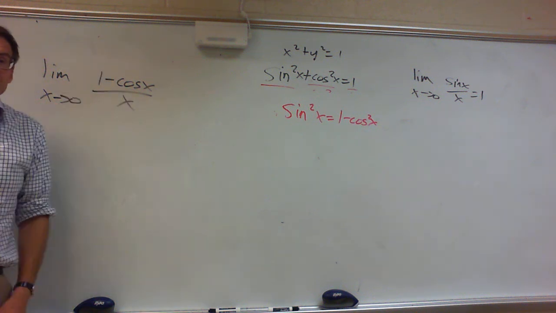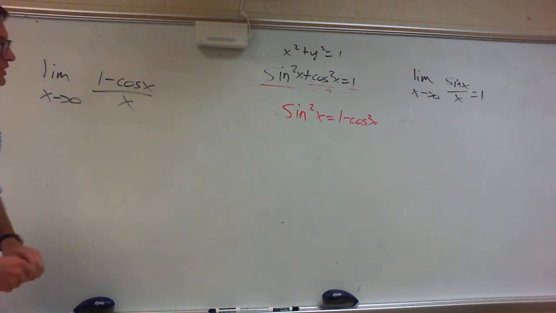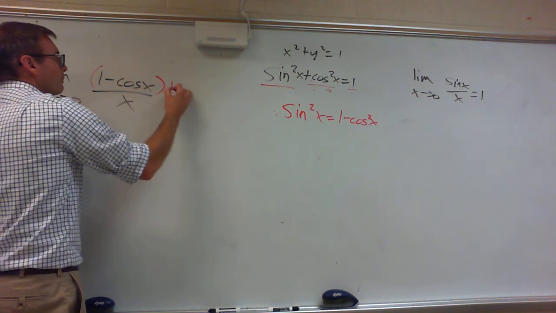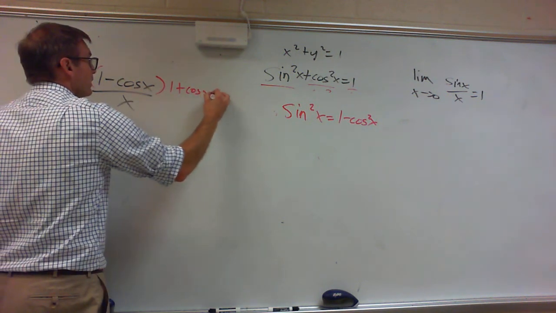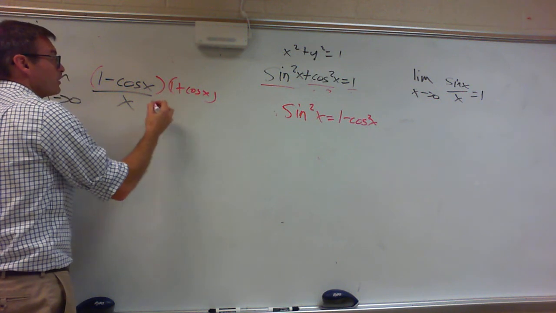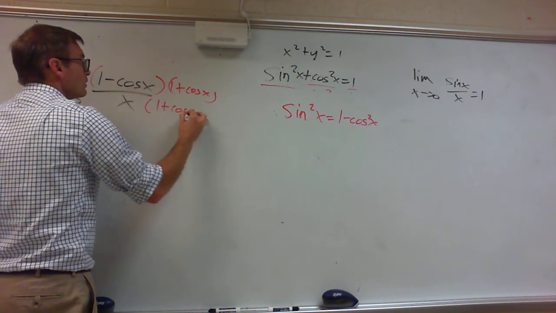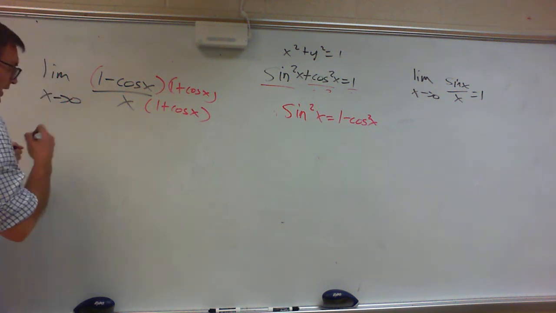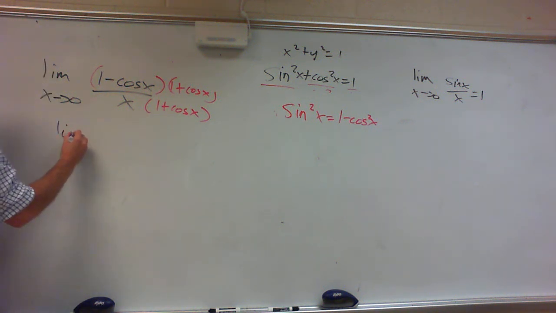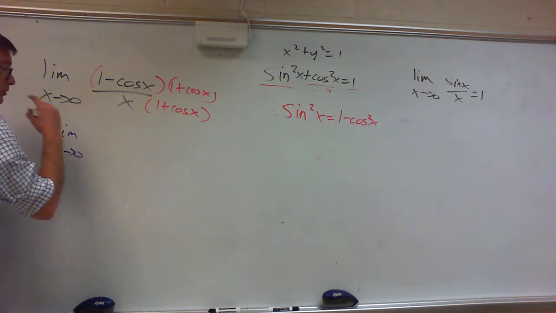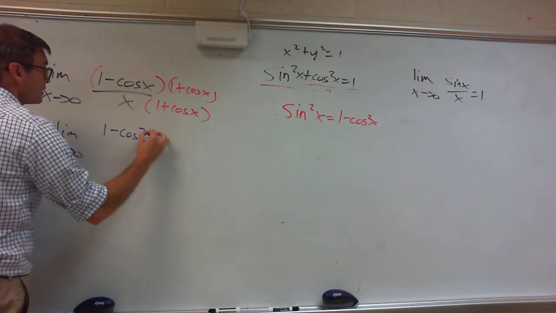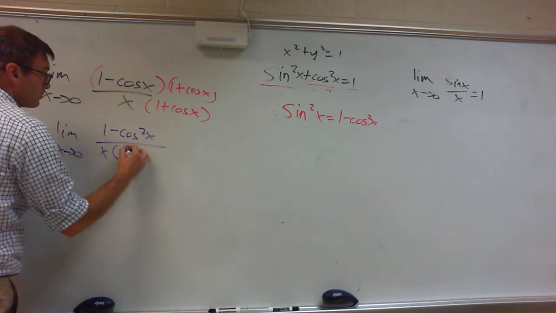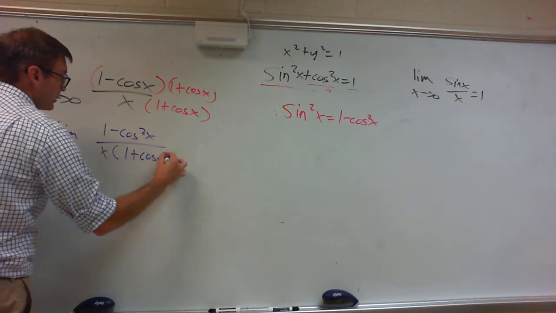Well, how do I get a 1 minus cosine squared? In the interest of time, I'm just going to tell you, we're going to multiply by the conjugate, 1 plus cosine x. Whatever I do to the top, I have to do to the bottom, which is 1 plus cosine x. And now I have the limit as x goes to 0 of 1 minus cosine squared x over x times 1 plus cosine x.